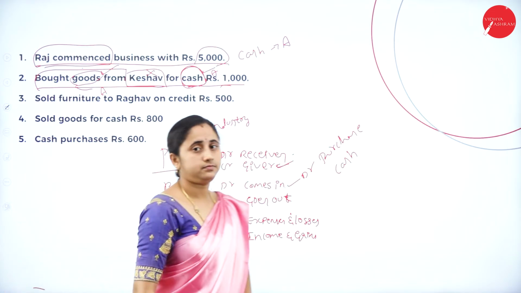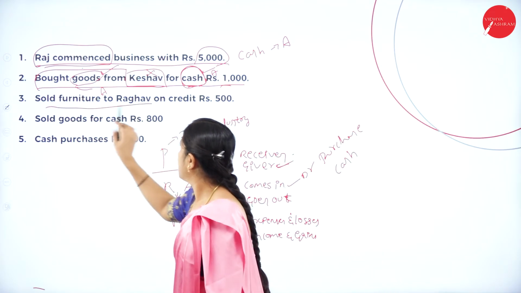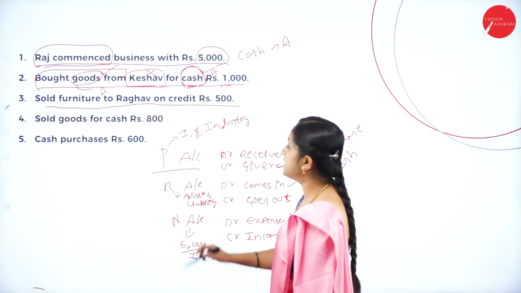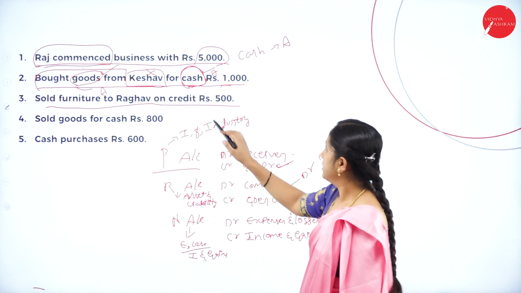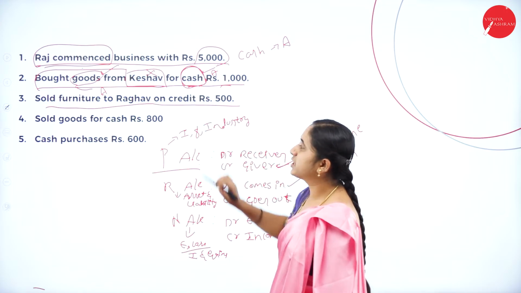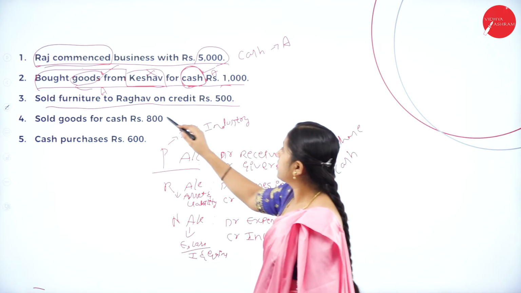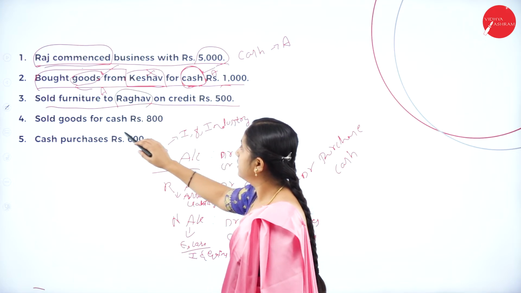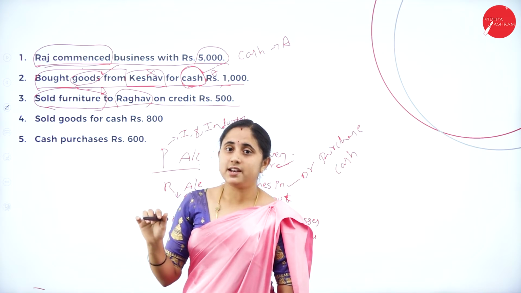Next, sold furniture to Raghav on credit rupees 500. Here sales made, but they have not mentioned cash, so this is a credit sale. Raghav is considered, and the sale of furniture. Furniture is an asset.